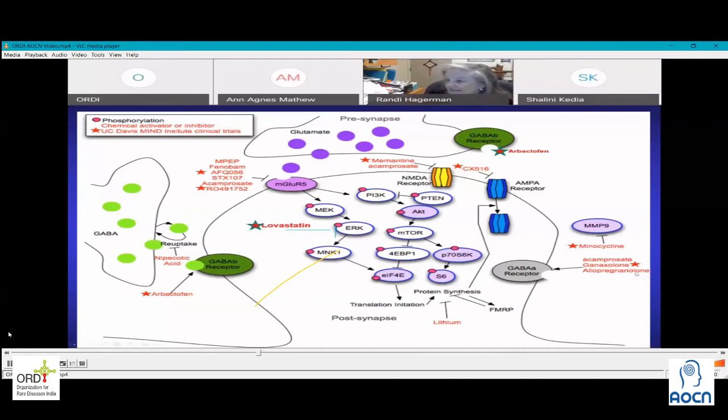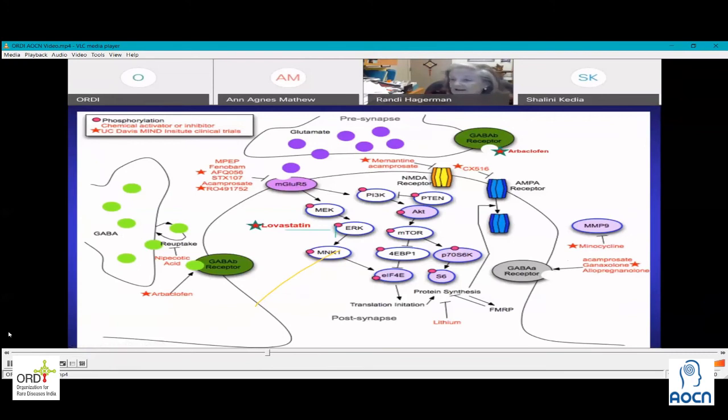Ganaxolone, I'll talk about. Allopregnanolone, this stimulates the GABA A receptors. And I think an oral type of allopregnanolone has been developed and will be studied in the future. Acamprosate has preliminary data to show benefit, and this is also a GABA agonist, among other things. It also works on the mGluR5 system.